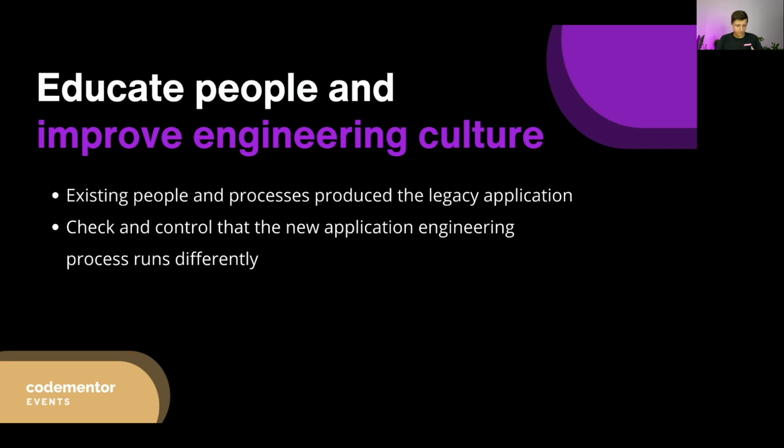To build something different, we have to focus also on changing the culture or the processes or even the people. And I suggest answering the question: do we have a process to control that everyone is on the same page with the ways we designed the new app and with the challenges we have with the previous app?